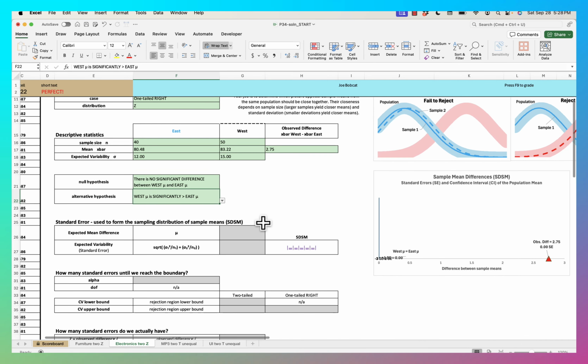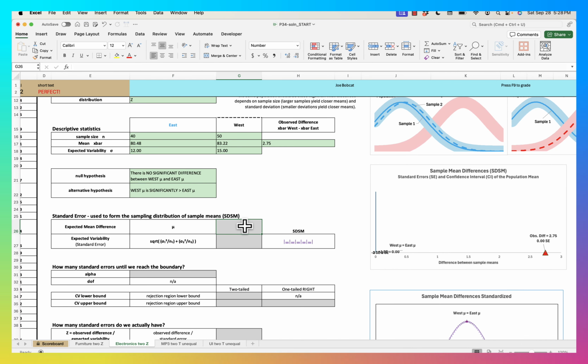Okay, so let's calculate some things. What's our expected difference? Well, if they come from the same population, then when we subtract them, it should be 0. But we know there's going to be some variability, so let's calculate that.